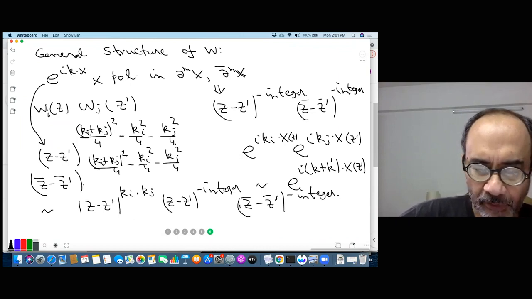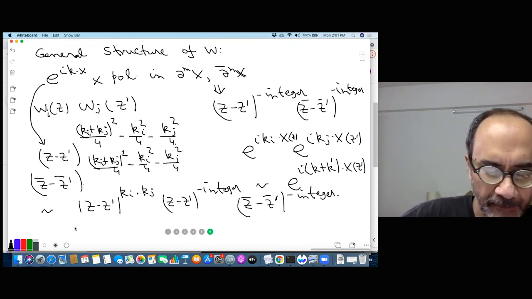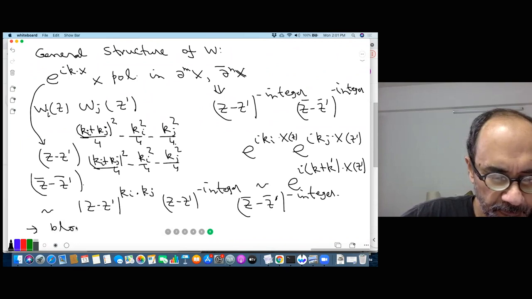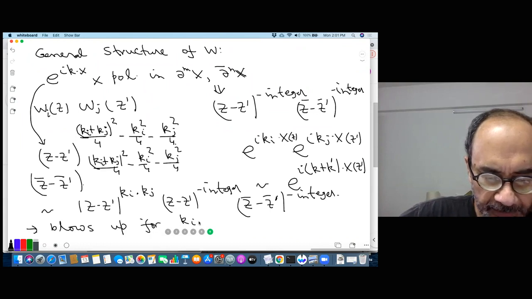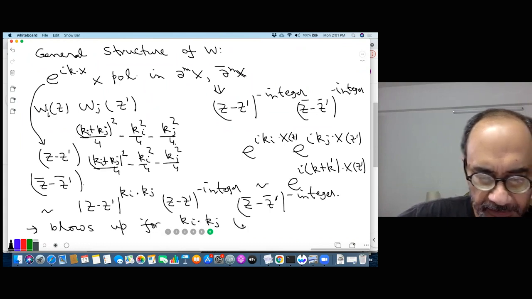But what this is showing is that as z goes to z prime, if we take ki dot kj to be sufficiently negative, this blows up for ki dot kj large and negative.